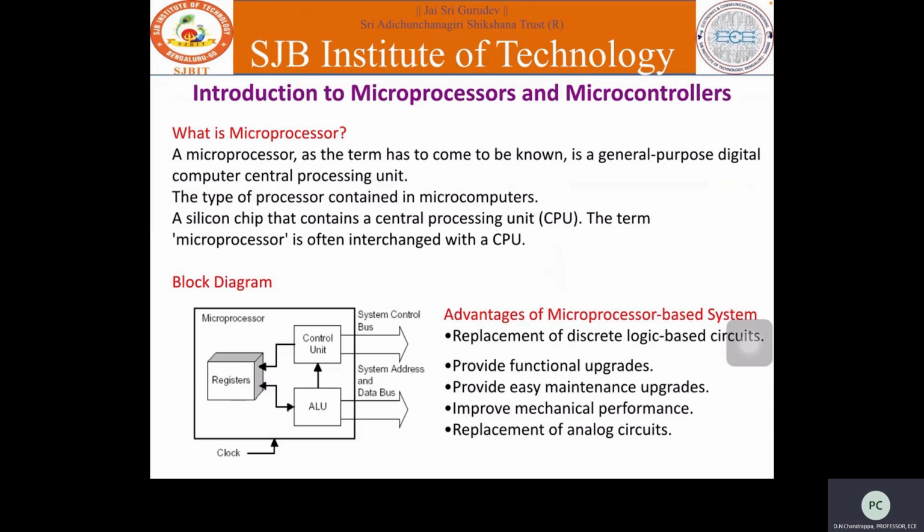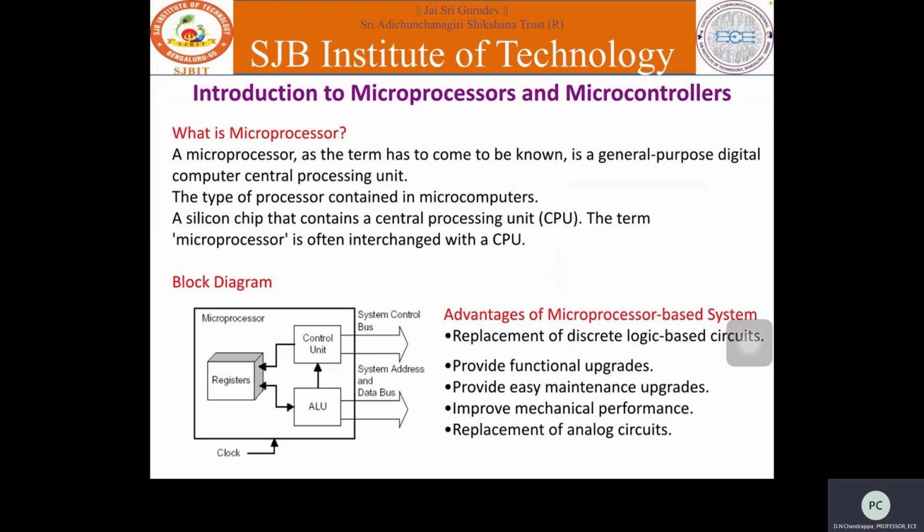Now I'll come to the detailed operation one by one. I'll discuss what a microprocessor is and the advantages of a microprocessor-based system. This is very essential and required to understand the basic levels. So a microprocessor is a general purpose digital computer system.